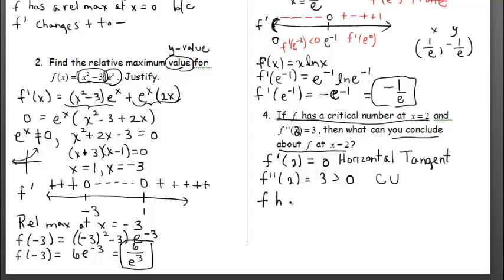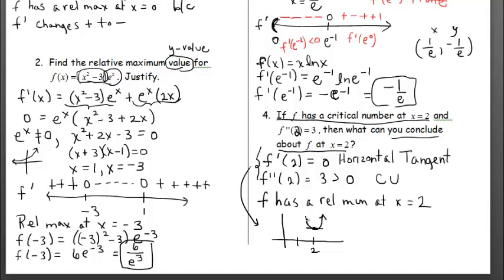Well, if these two statements are true, then f has to have a relative minimum. So if my slope is 0, I have a flat slope, but the graph is concave up, then that feature is a minimum at x equals 2.